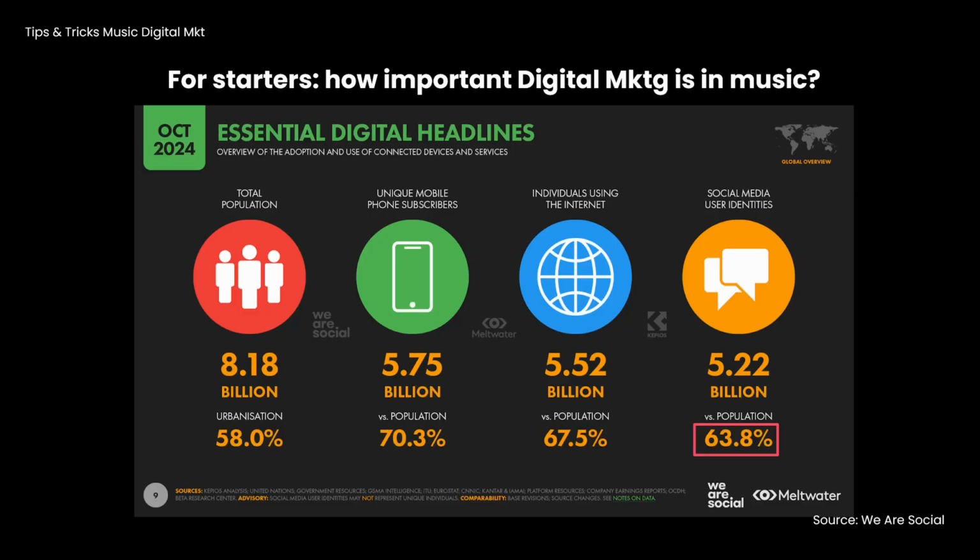So, numbers. I'm going to be quick with that because maybe it's the most boring part. So the insight here is that social media, as I said, is huge, and you already know it. Basically, we are 8 billion people in the world, and almost 64% are social media active users.